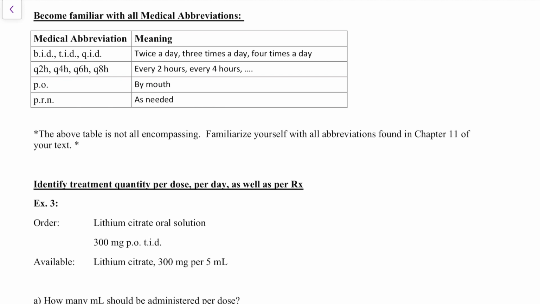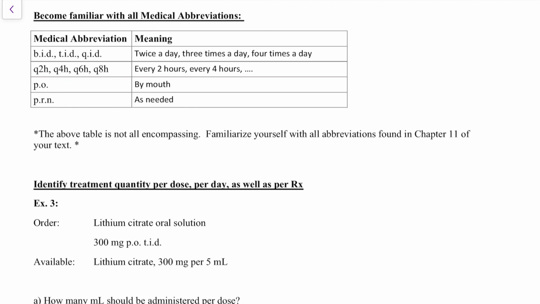So you may see a number in between a Q and an H, and that stands for how many hours in between each dose. PO means by mouth, and PRN means as needed. Now there's a ton of different medical abbreviations, so make sure you are familiarizing yourself with all of these. You can find them in chapter 11 of the course textbook, or it's also on the front cover as well.